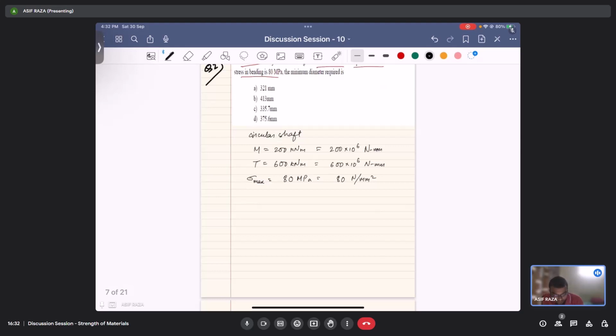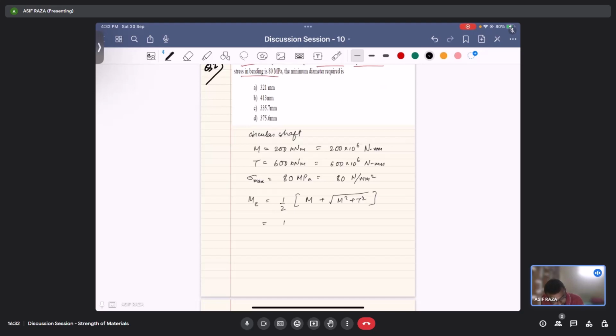To solve this we need to first find ME, that is half of M plus, I'll just take the plus case, root of M square plus T square. So half of M plus root of 200 square plus 600 square, and I'll just multiply 10 to the power 6 outside.